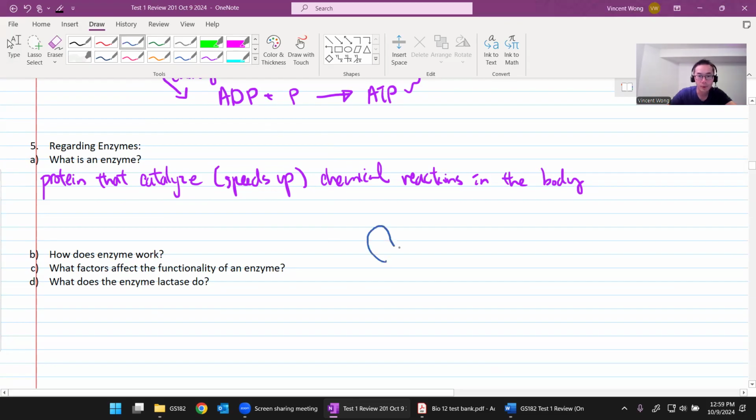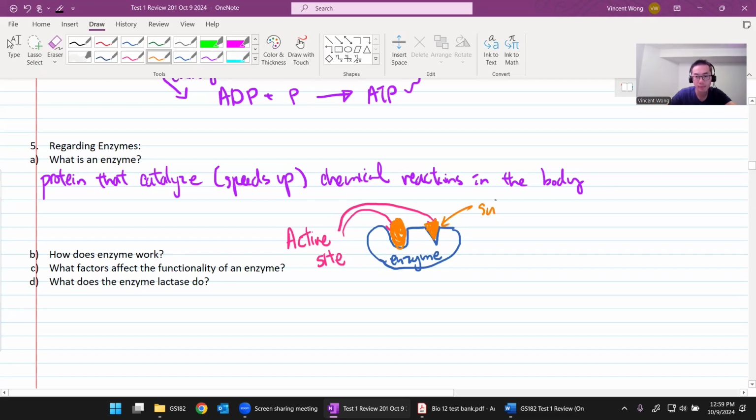We did one example. This is an enzyme, and these pockets where you fit the ingredients in are called the active site. The molecules that you put into the slots are the substrate.